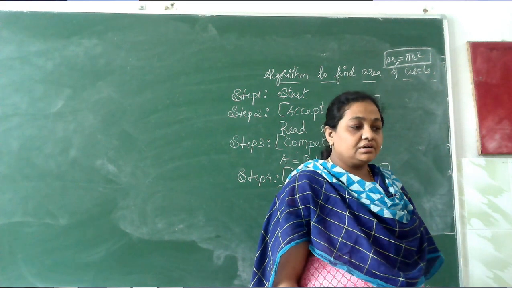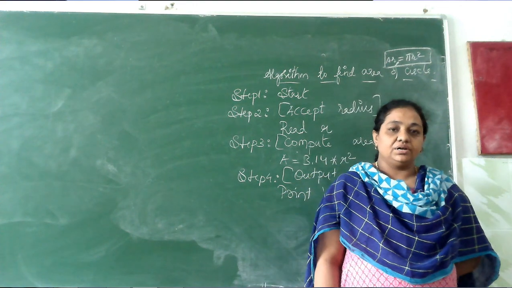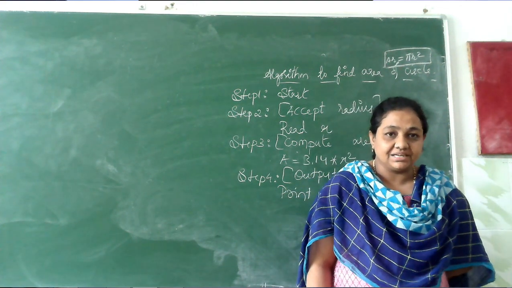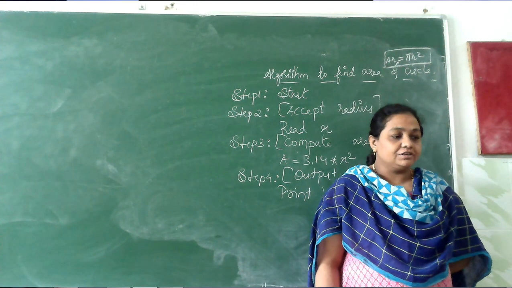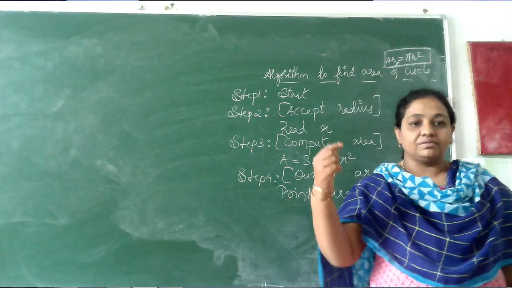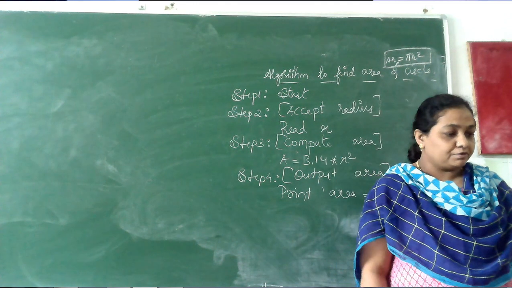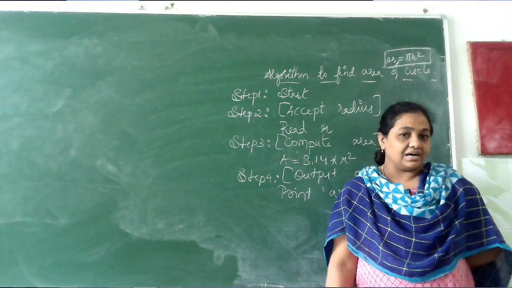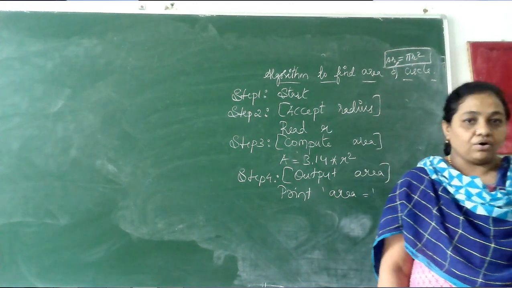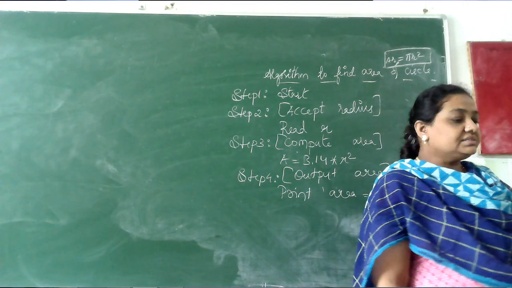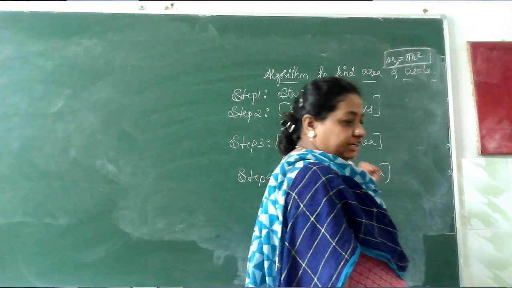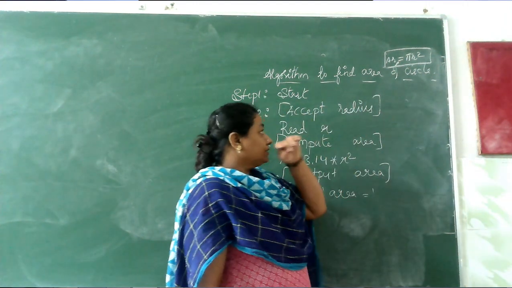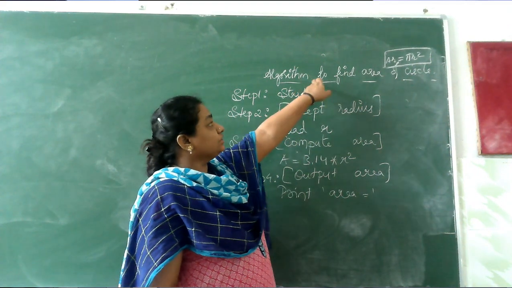So, previous class we were discussing problem solving methodology and the different algorithms that can be used to solve different problems. Last class we were trying to write the algorithm to find the area of a circle.